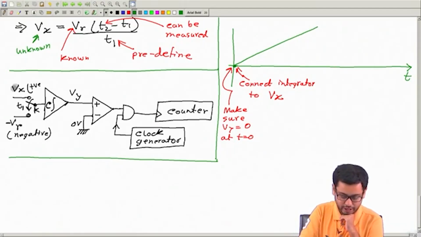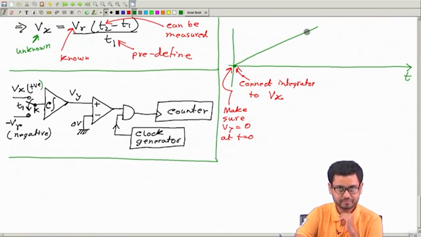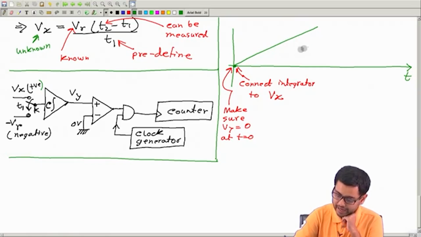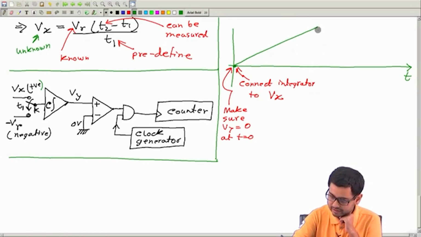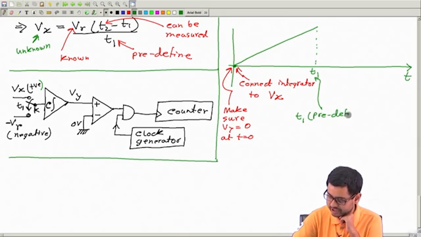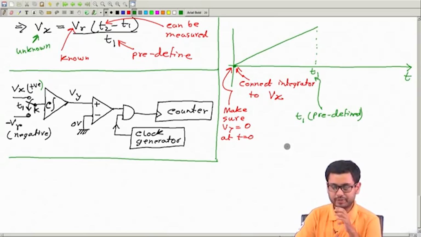It will depend on the value of Vx. Higher the value of Vx, it will grow faster. Okay. Smaller the value of Vx, it will grow slower. And then let this be time t1. Okay. Now for t1, this is a predefined, pre-specified time.